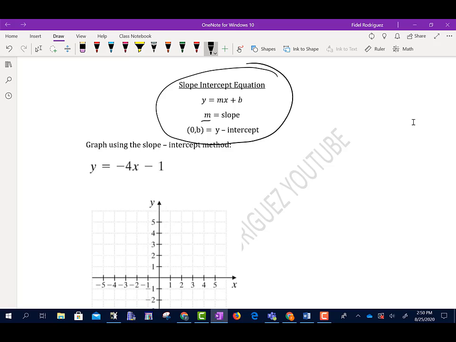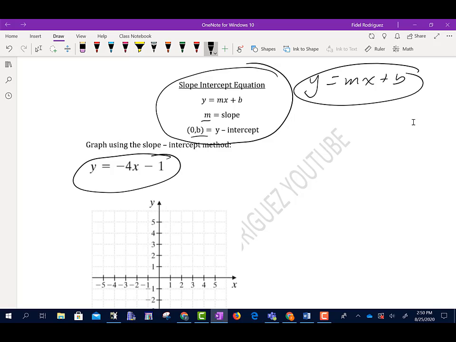m stands for my slope. The point (0, b) is what we call our y-intercept. So it says graph using the slope-intercept method. I bet we can do that. First thing I'm going to do, y equals mx plus b. I'm going to look at this equation and say, yep, they're in the same form. So my slope in this case will be negative 4.